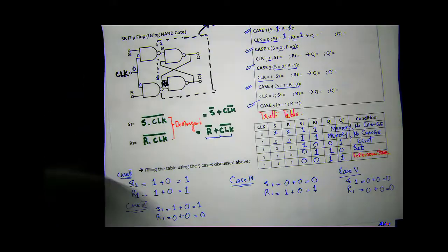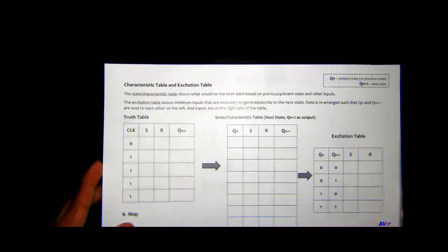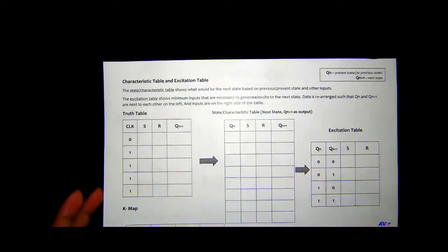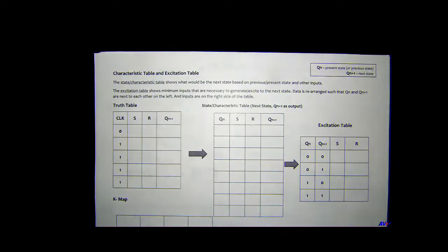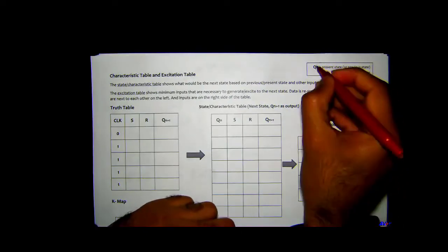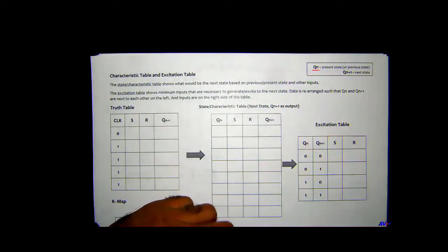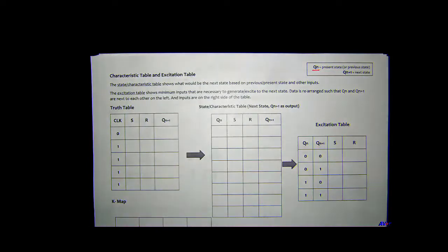Okay, moving on to the next sheet that we have. There are two new things that we need to learn here. First of all, whenever I use the term Qn, n in subscript, that means the present state.